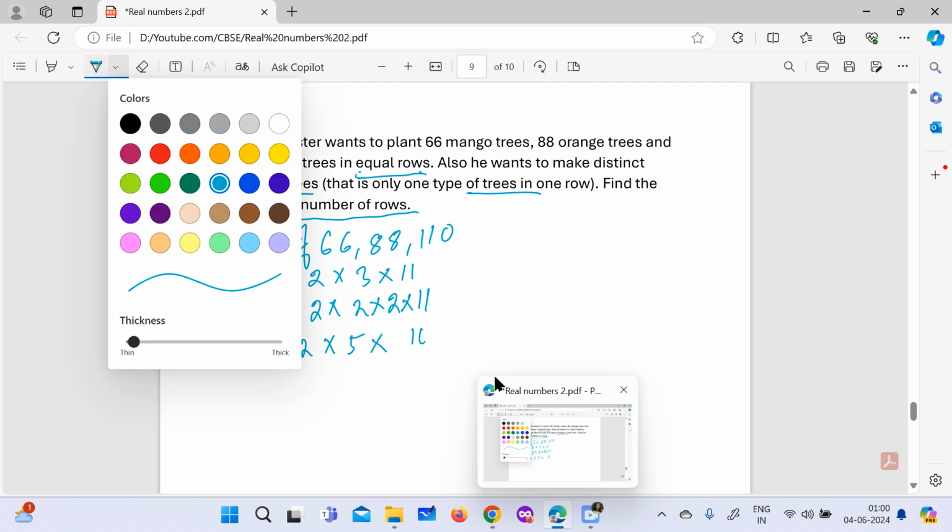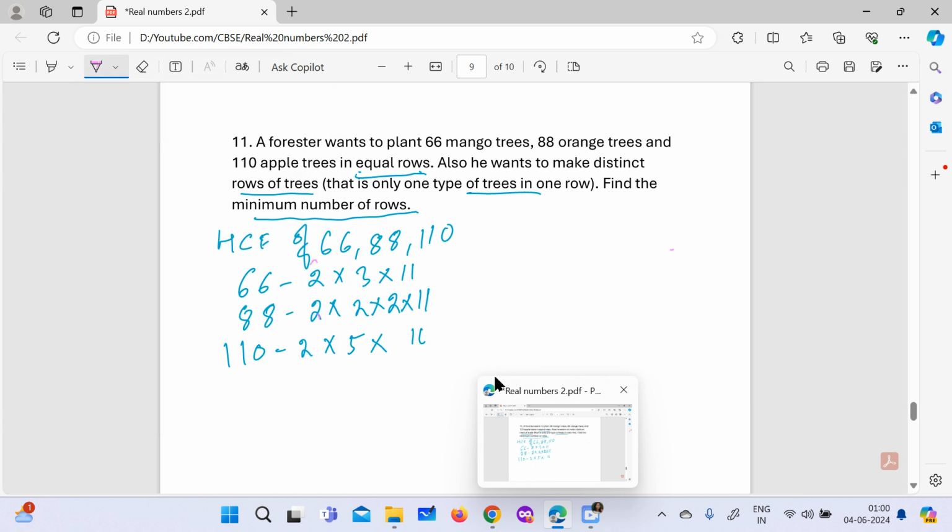You can see that the common factors, the HCF, will be this 2 and this 11, because we have 11 in all three groups. So your HCF will be 2 times 11. It means we are going to have 22 rows.